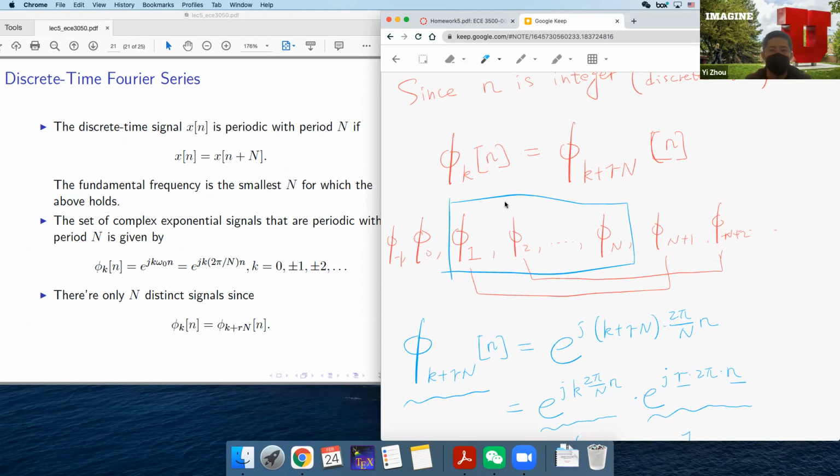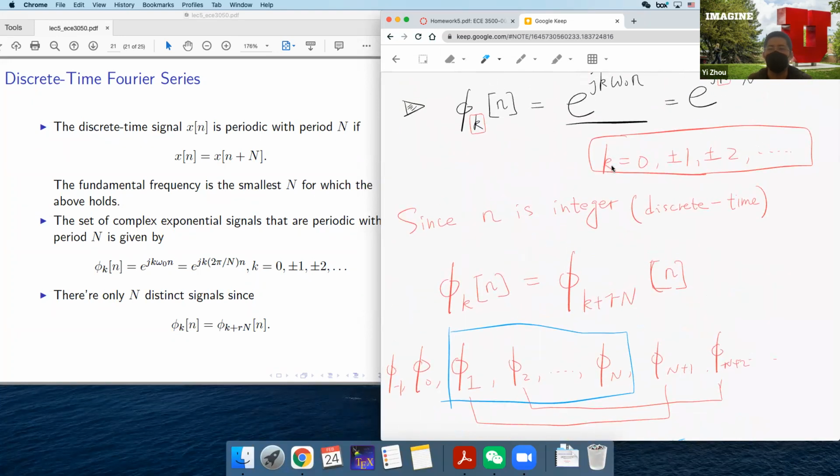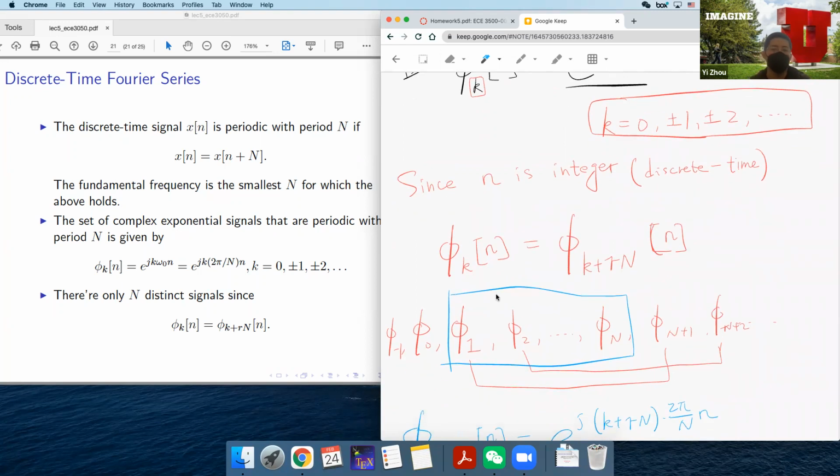Yes, that means we only need to consider k, let me write it here. Originally we have this k, and the range of k is any integer, including both positive and negative integers. So we have infinitely many of them.